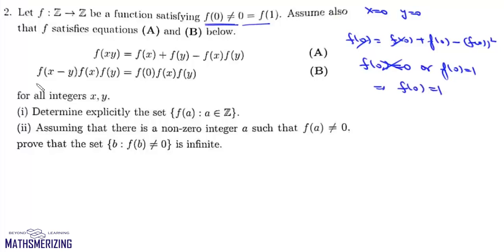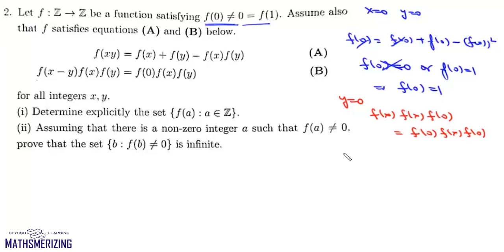Now in the second equation, we'll put y as 0. If we put y as 0, we'll get f(x) into f(0) will be f(0) into f(x) into f(0). Now f(0) is 1.